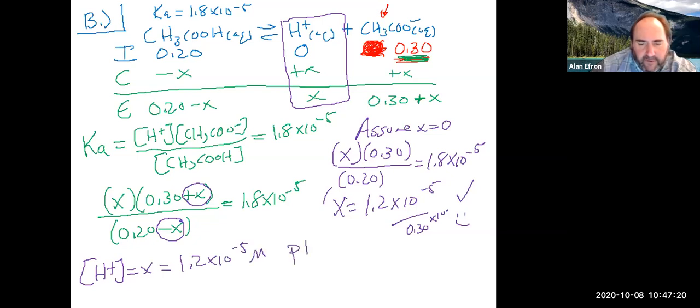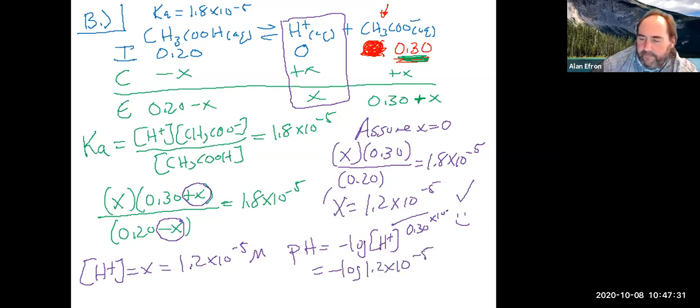That's all we need for our pH here: minus the log of the H plus, minus the log of 1.2 times 10 to the minus 5. And that gives us a pH of this solution of 4.92.